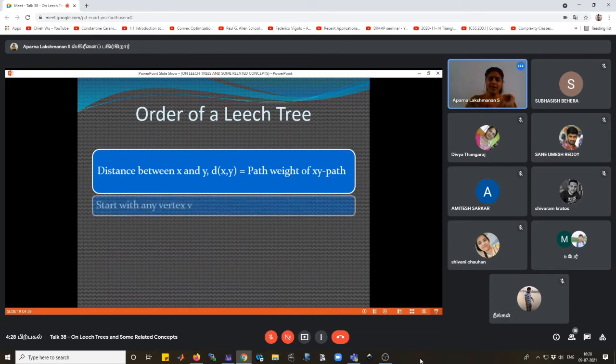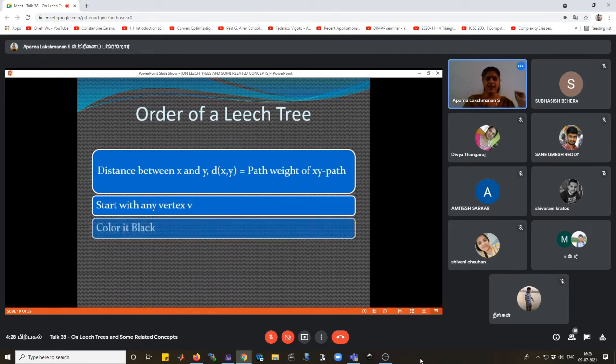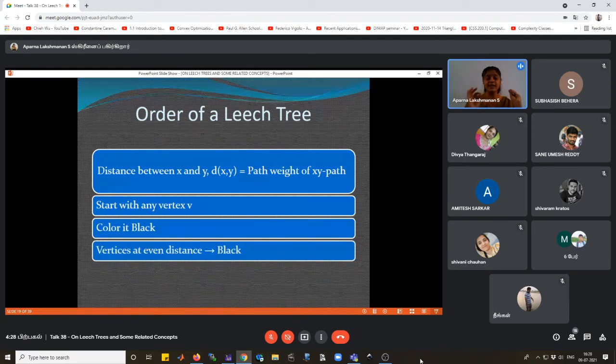Okay. You start with any vertex of the tree. Let it be a pendant vertex or let it be the central vertex or whichever vertex you want. You start with any arbitrary vertex V of the tree. Color that vertex as black. So V is colored black. Now, all vertices which are at an even distance from V are also colored as black.